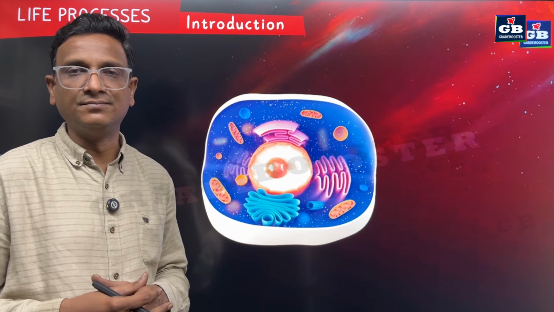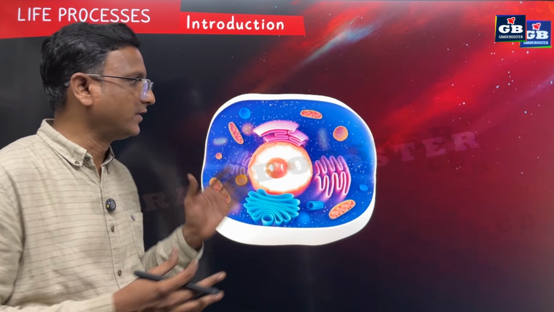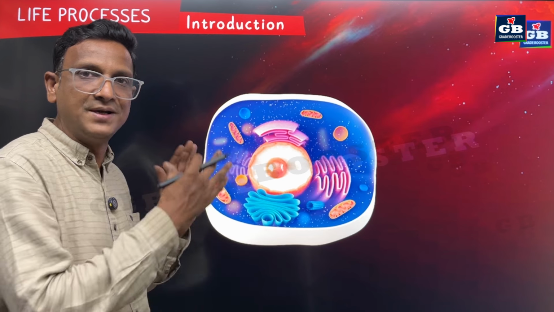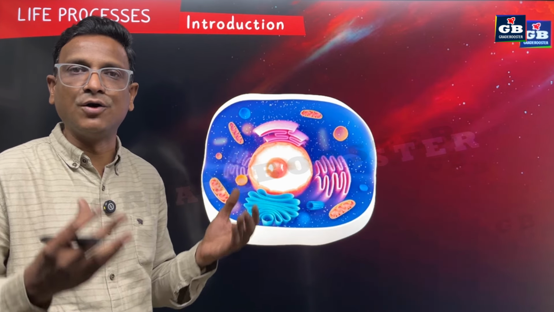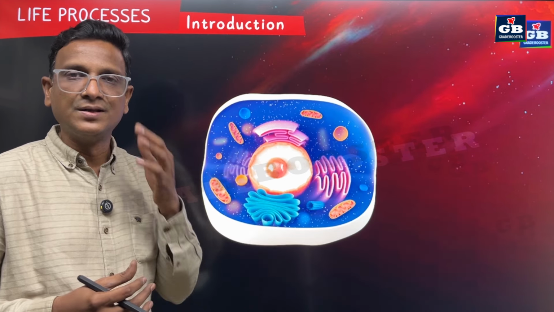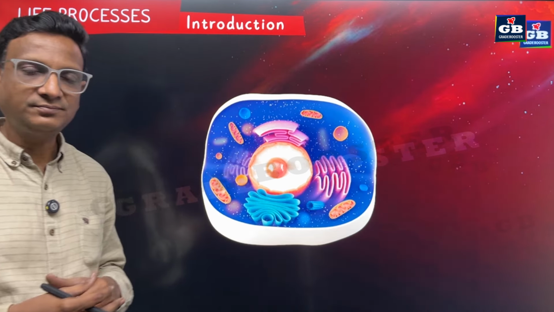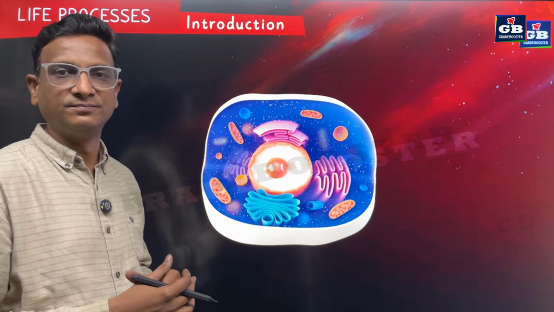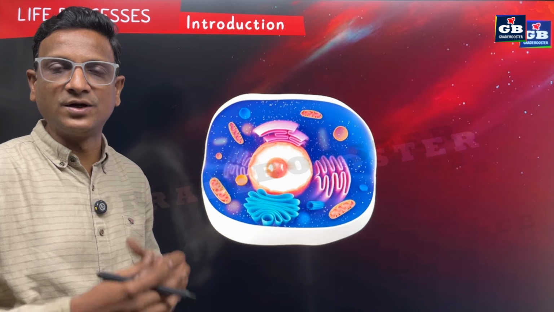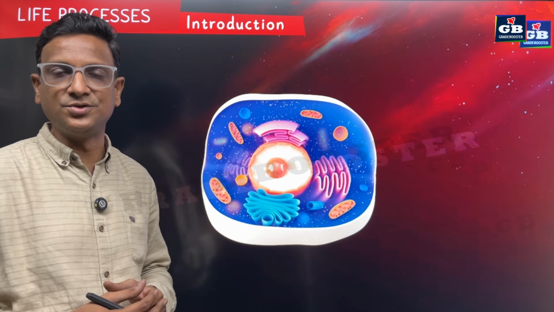By understanding what things are required to keep a cell alive, we can understand what things are required to keep an organism alive. So if we study the basic requirements for a cell to survive, then we will understand the requirements for an organism to survive.